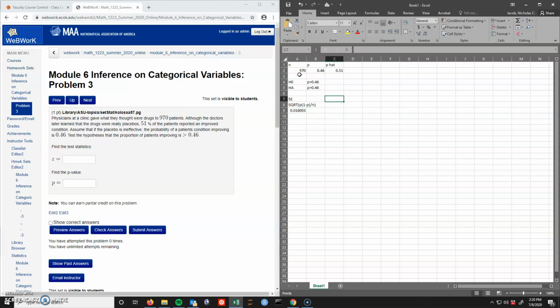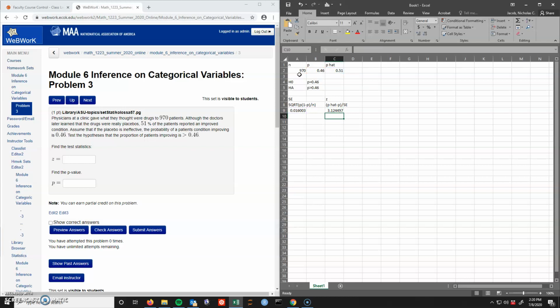And then let's write my Z here. My Z is the p-hat minus the p, all divided by the SE. So to do that, I just take my p-hat. Sorry, I need parentheses, don't I? I take my p-hat, I subtract my p-value, close my parentheses, and I divide by my standard error.